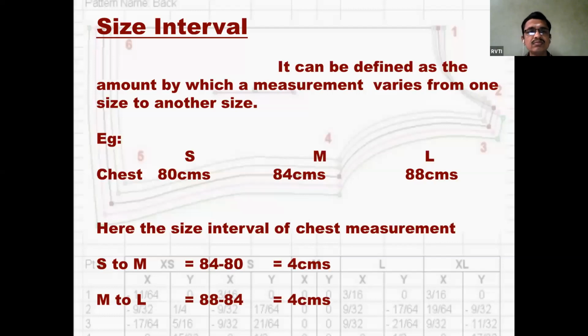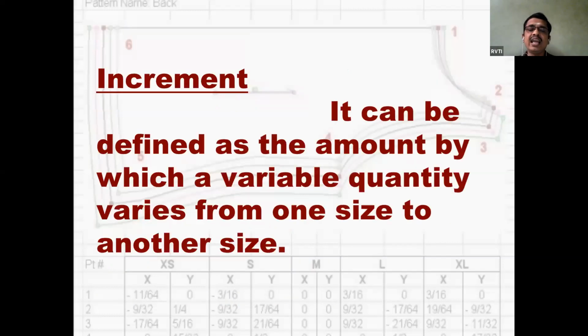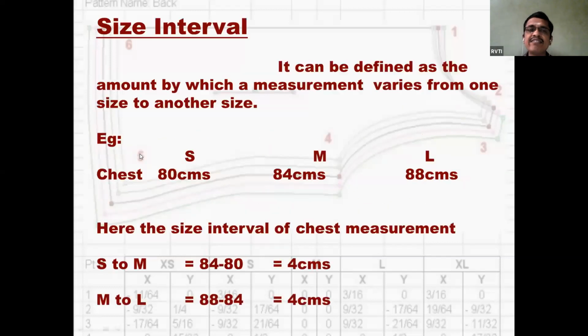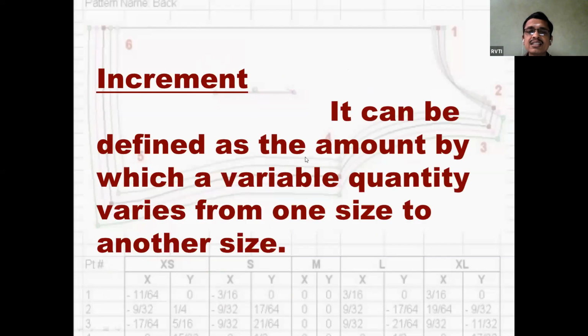Okay. Then increment. Increment can be defined as the amount by which a variable quantity varies from one size to another size. See, both definitions are almost the same. Size interval is the amount by which a measurement varies from one size to another size, but in increment, it is the amount by which a variable quantity varies.